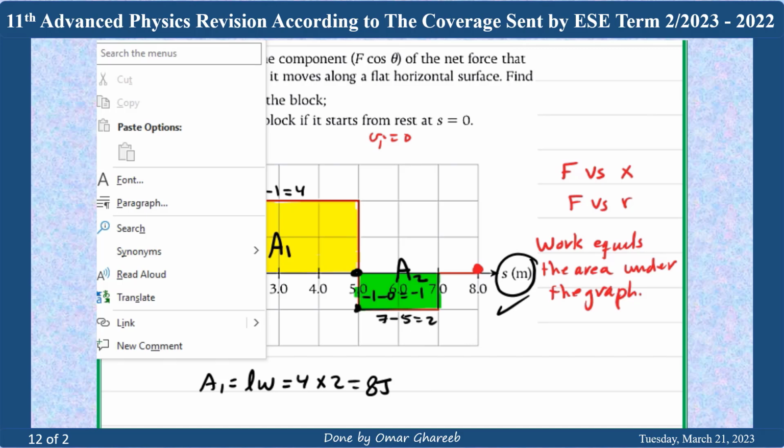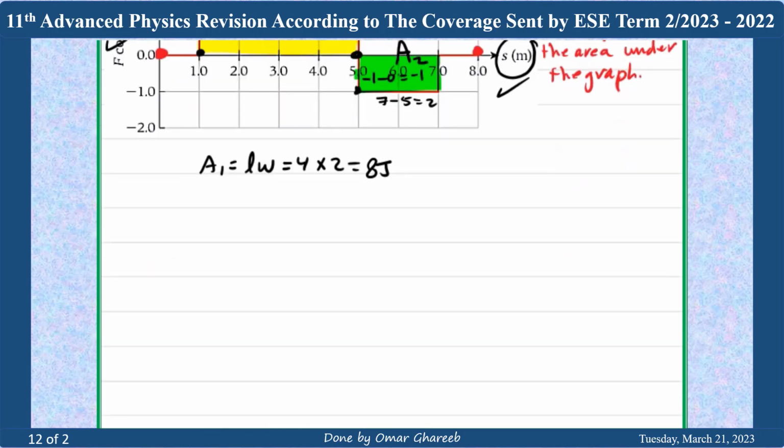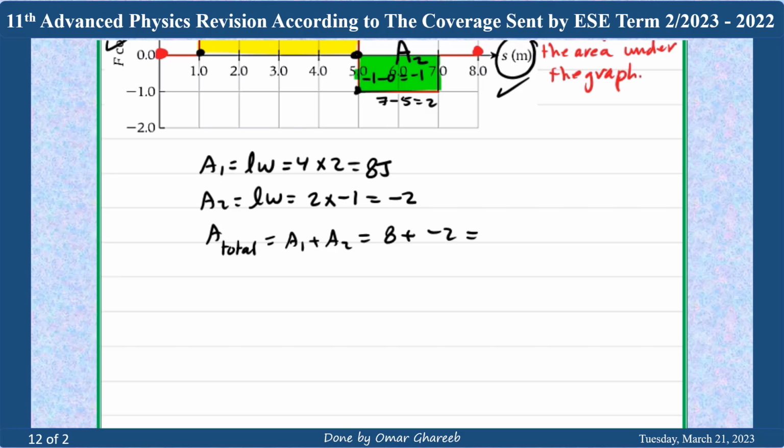For the second area, A2, also L times W, L is 2 times W is minus 1 for the green rectangle, so minus 2. Then the total area equals A1 plus A2, 8 plus minus 2, which is 6 joules.